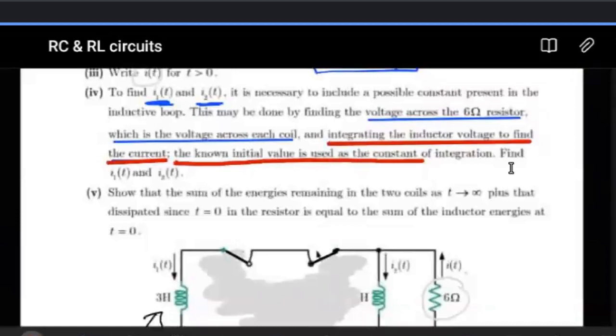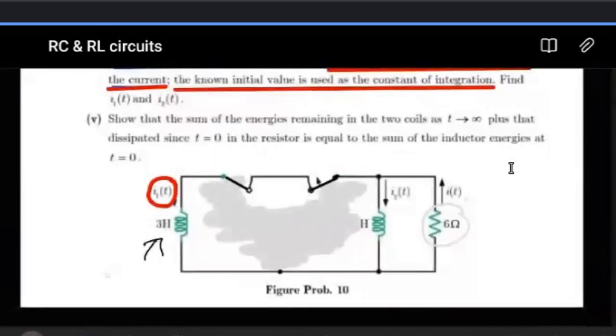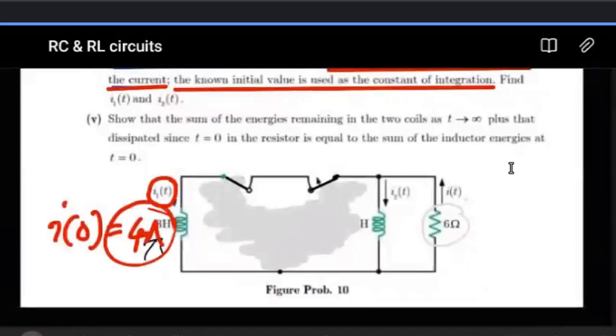So the known initial current value for I1 was 4 amps. This is what we'll be taking as the constant of integration for this part. Have you got that?